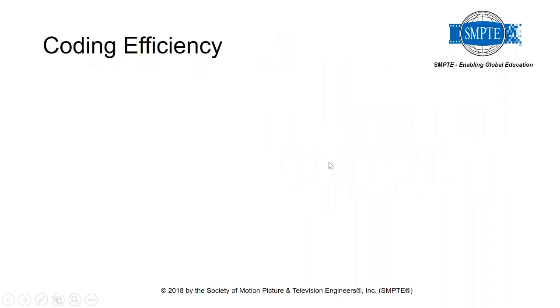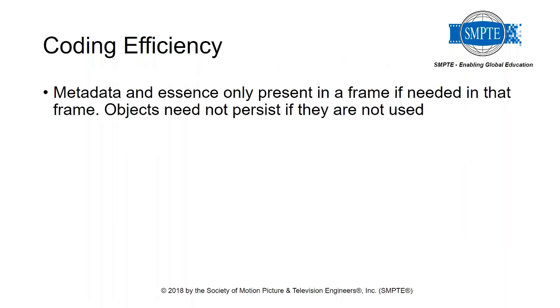I wanted to take a minute to talk about some of the coding efficiency that's built into the Bitstream. So metadata in essence is only present in a frame if needed in that frame. In particular, objects need not persist if they're not used. Let's say you're using a particular object ID in a scene, and the next scene or the rest of the movie, that object's not present.